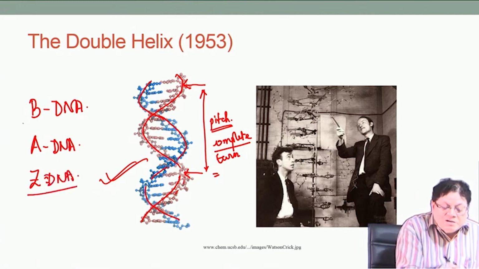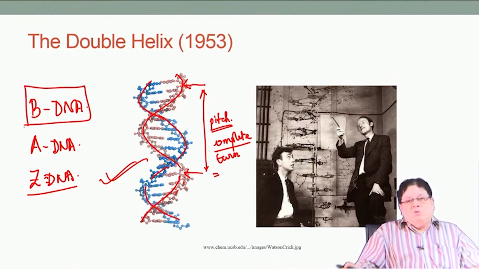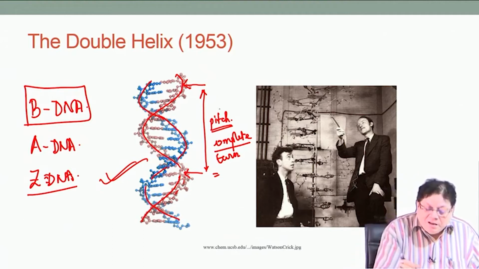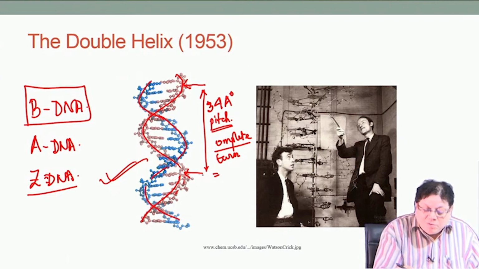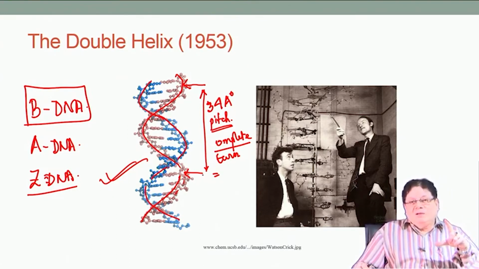We can come to those later. The DNA that Watson and Crick used was B DNA, and this is the most common DNA encountered, so we will first concentrate on B DNA. In B DNA, one complete turn, or the pitch, is 34 angstrom. That means when you go from here to there, you cross 34 angstrom in length.